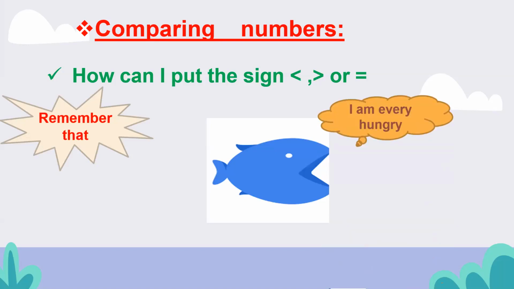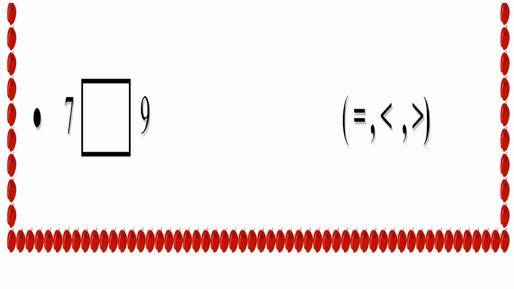It will eat the 2 small fishes or 1 fish. Which one she will eat? Very good, ya Arwa and Hamza. It will eat the 2 fishes. It will open her mouth and eat them.